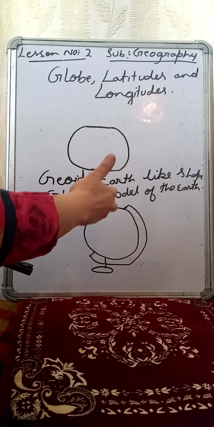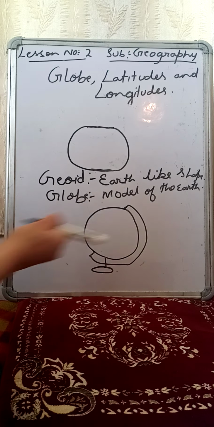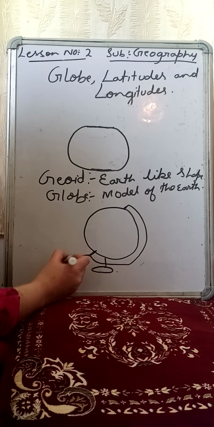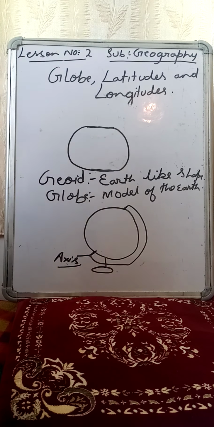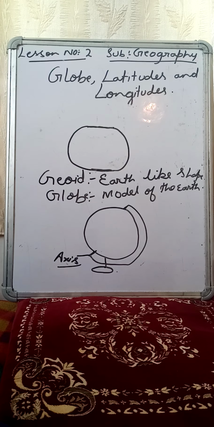Our earth also rotates in the same way, but this needle is not present there. So this needle is known as the axis. But the axis is an imaginary line which is not exactly present on earth. It is the imaginary line around which our earth rotates in space.